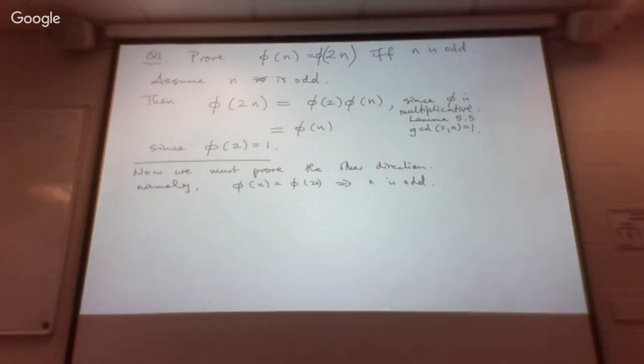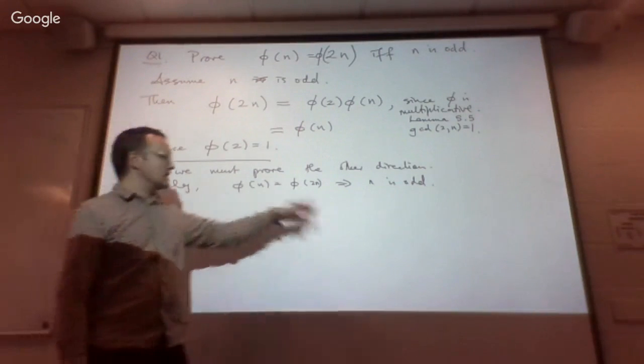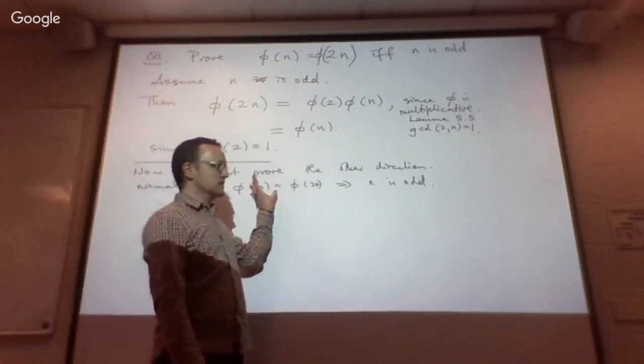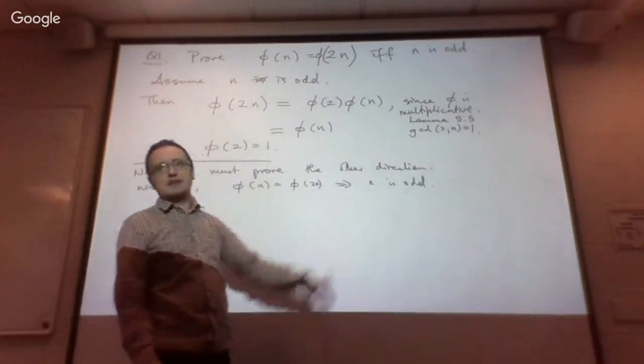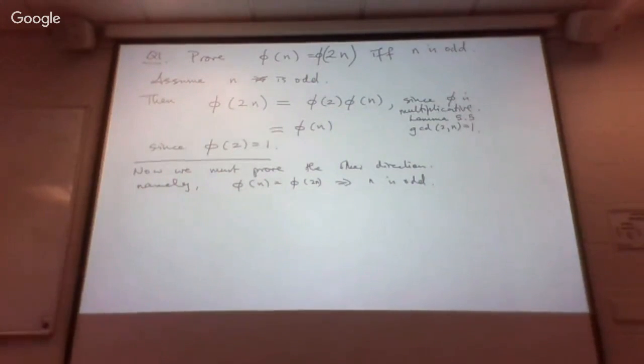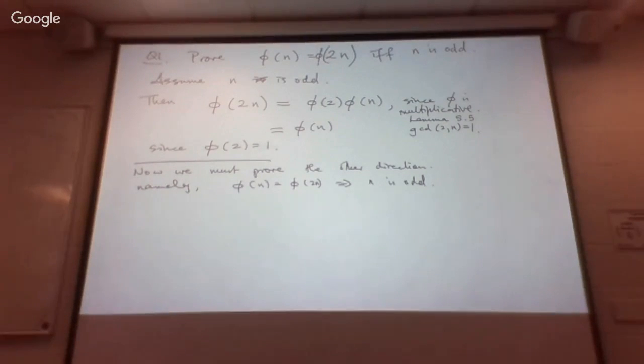And there are a few different ways you can prove this. It's kind of hard to prove it directly, just assuming this and then deriving that n is odd. It seems to fall out easier if you do it by proof by contradiction, or if you're doing a proof by contradiction, you can also phrase it as proving the contrapositive.